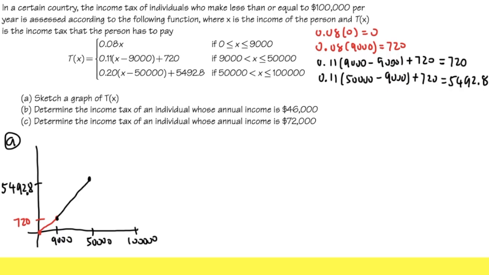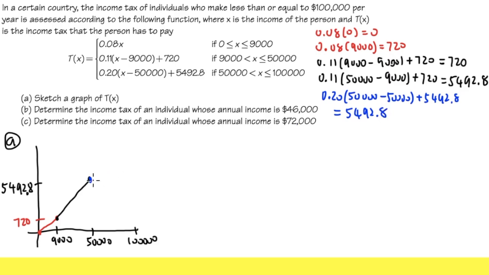Okay, and then for the last one, I'm just going to do this in blue, and then we do the same thing. We put this in here, so we get 0.20 times 50,000 minus 50,000, and then we add 5,492.8. And if we work that out, this right here will give us 5,492.8.